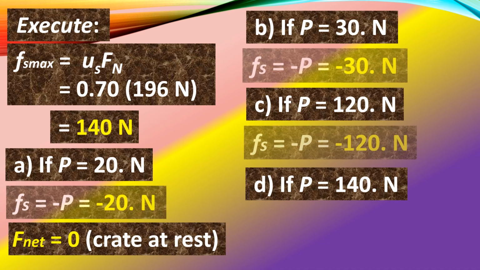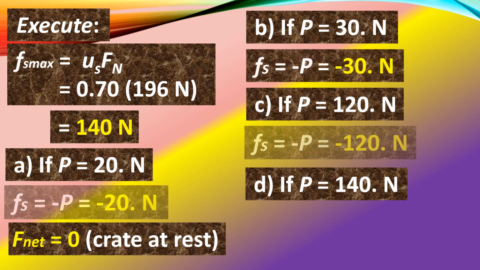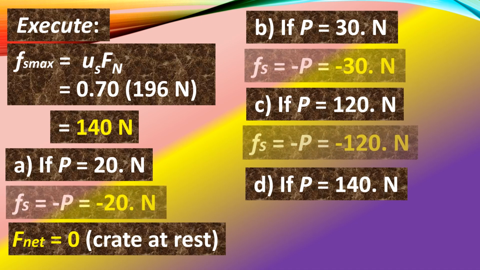You will notice that the two forces acting on the crate have equal magnitude but opposite direction. And so the net force acting on the crate is still equal to 0. The crate remains at rest, and so it is in static equilibrium.